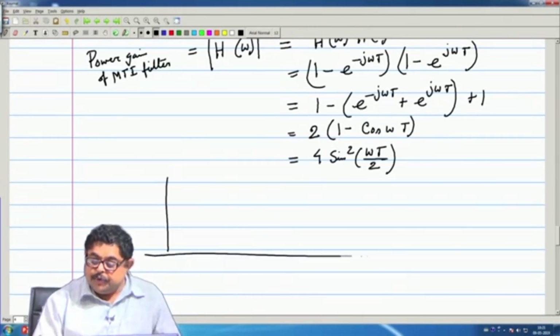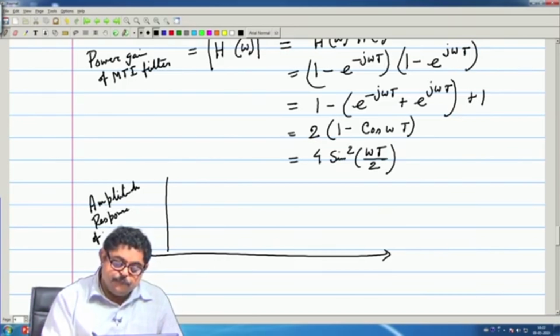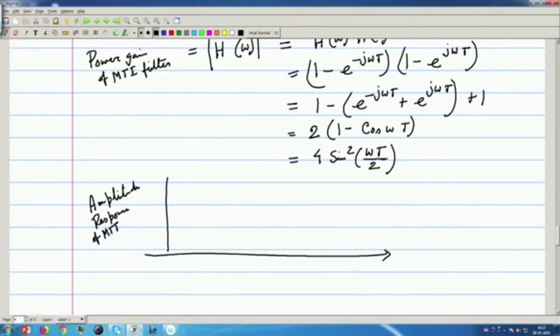In the amplitude response of the filter, magnitude response or amplitude, I should say magnitude response, of the MTI filter.